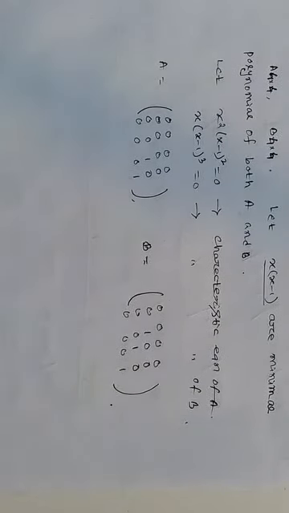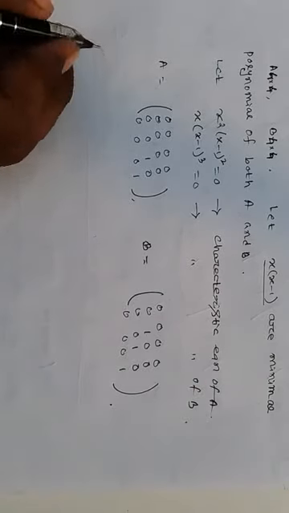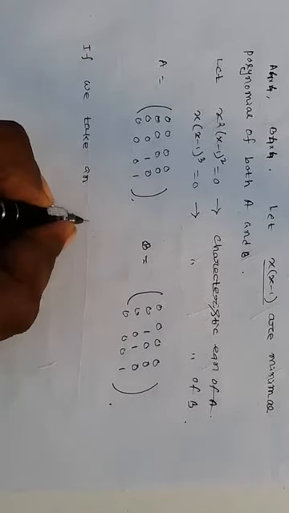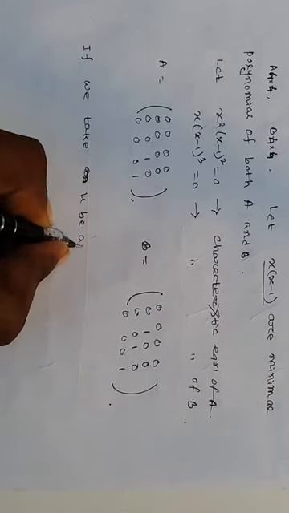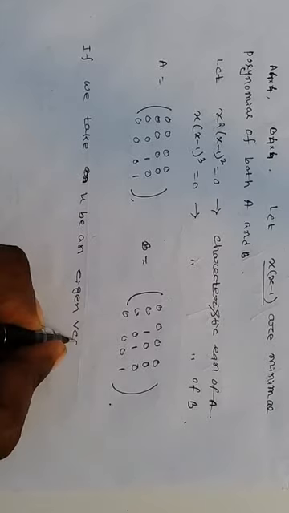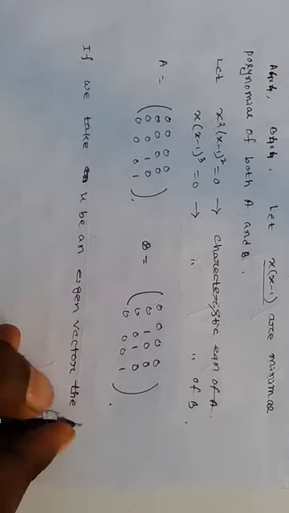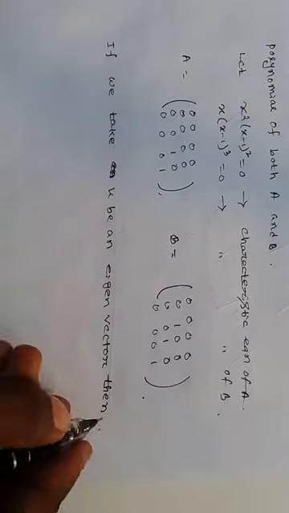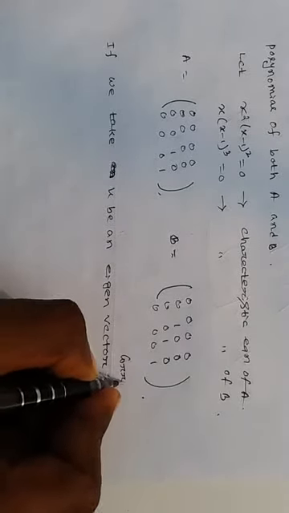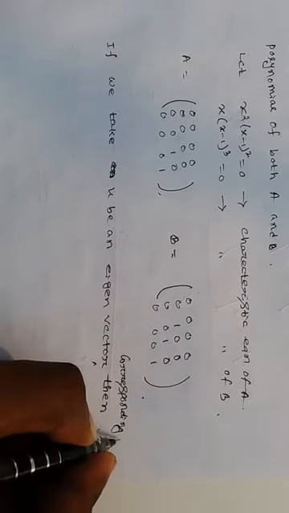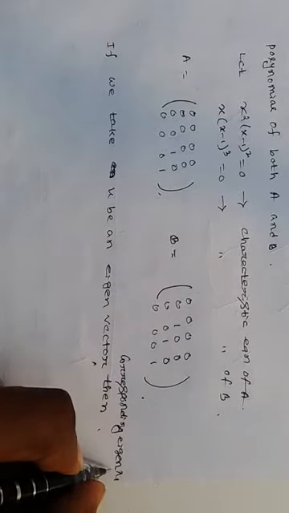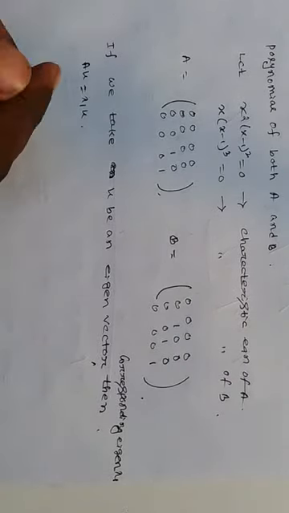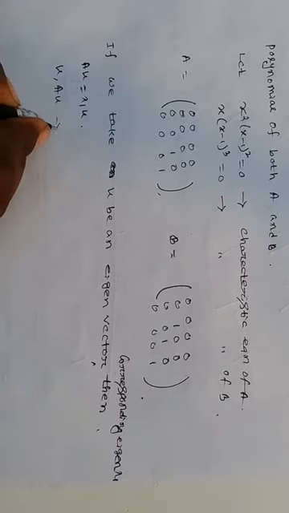Now we check the statement Q. Here, if we take U to be an eigenvector corresponding to eigenvalue lambda 1, then AU equals lambda 1 U, and in that case U and AU are not linearly independent.